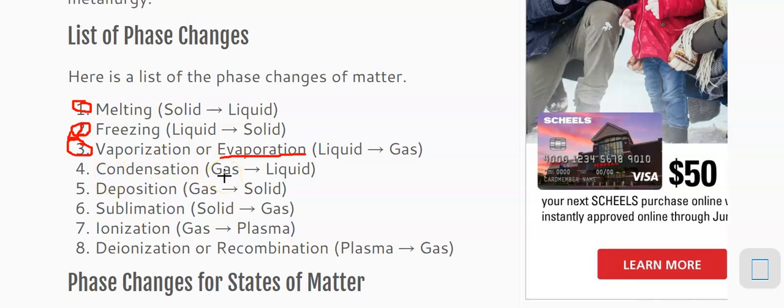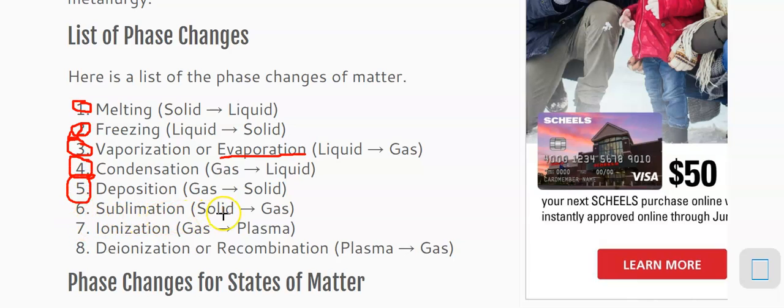Condensation is when molecules go from being a gas back to being a liquid that you can see and touch. Yes, you must include condensation. Deposition. This is not nearly as familiar, but that's what it's called when you go from a gas directly to a solid. I do want you to record that.